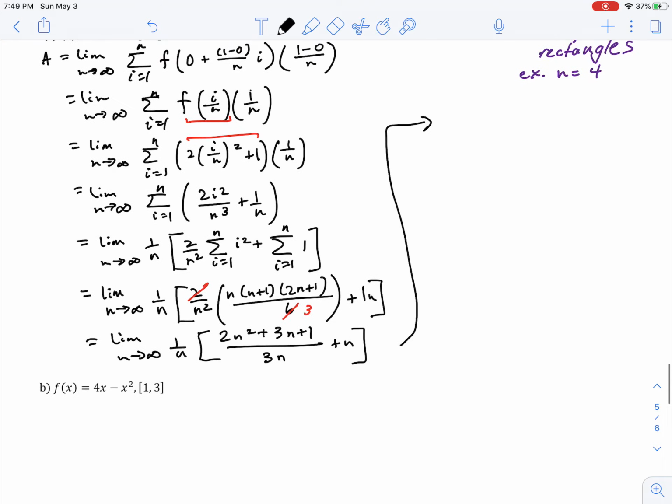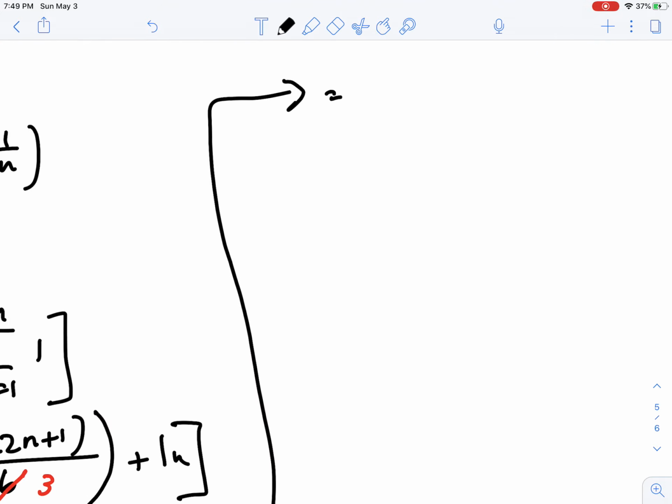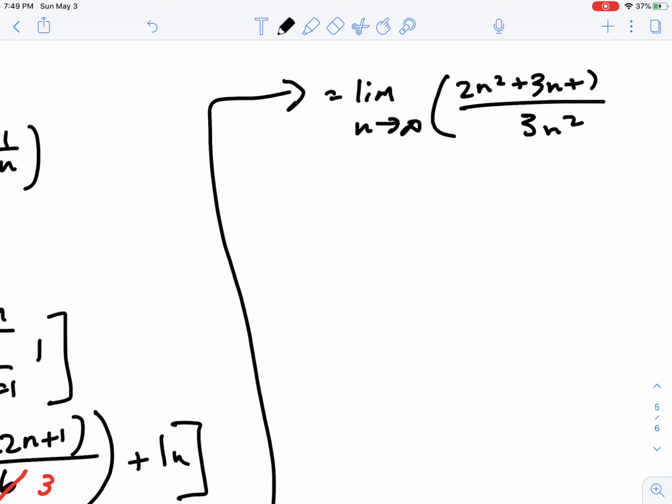And let's continue this up here. Okay, so it equals the limit as n approaches infinity of, now let's distribute that 1 over n. So 2n squared plus 3n plus 1 over 3n squared plus 1. So can't forget about that.